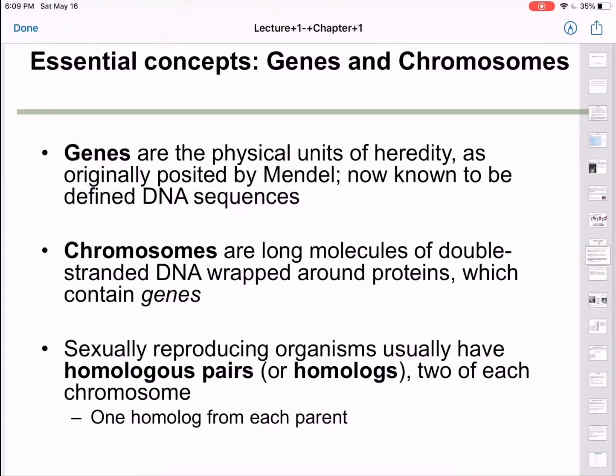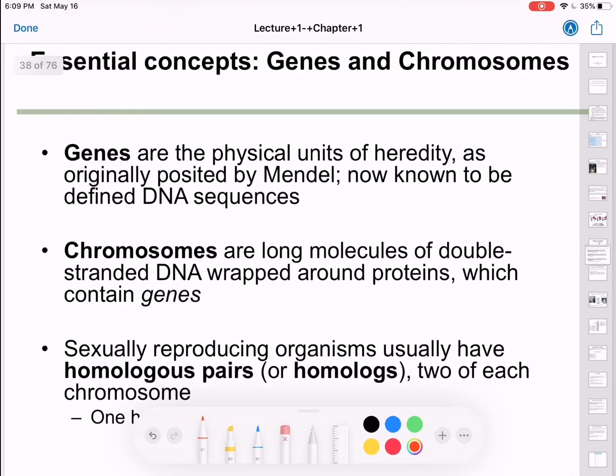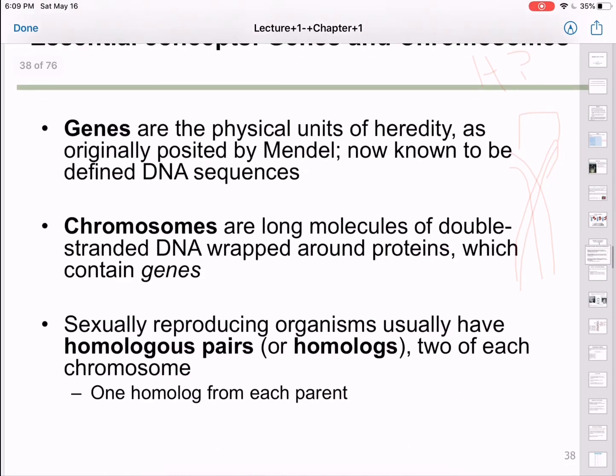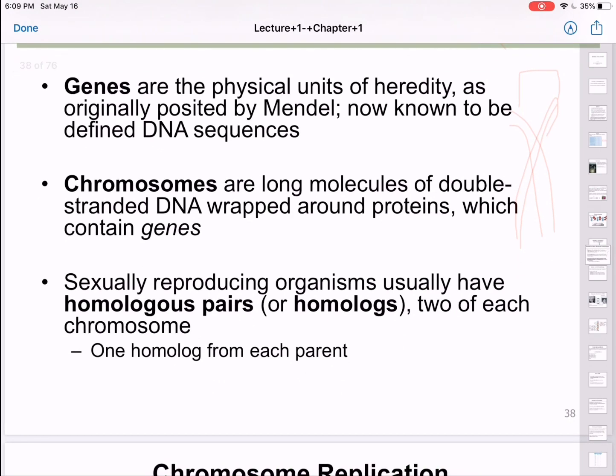So for example, if we draw a chromosome, this is a homologous pair. And it is through the power of genetics and chromosomes that we can identify traits being sex-linked, X-linked, recessively linked, stuff like that.